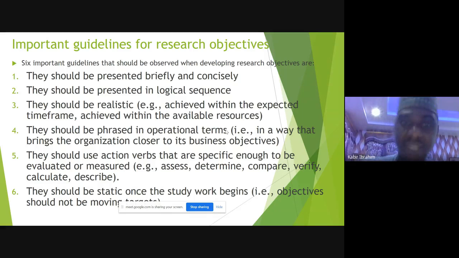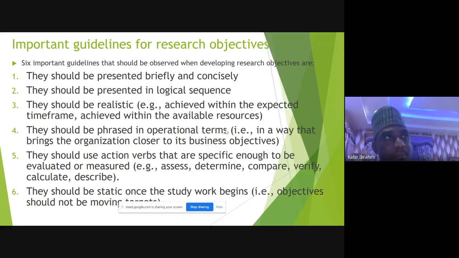Three, they should be realistic. For example, when you are developing your objectives, you must know that you have a time frame. For example, a level 300 student or grade 3 in university.